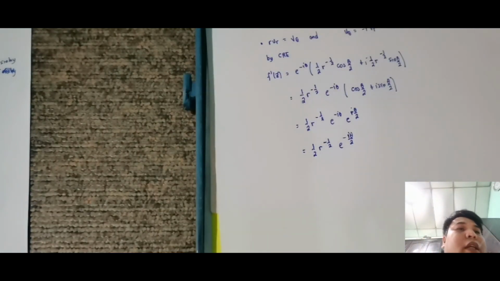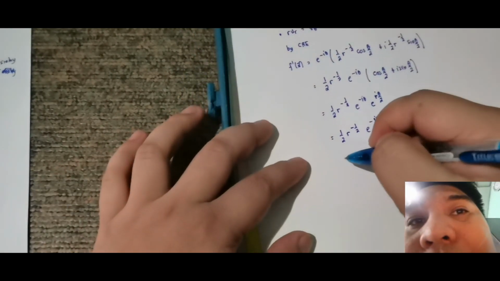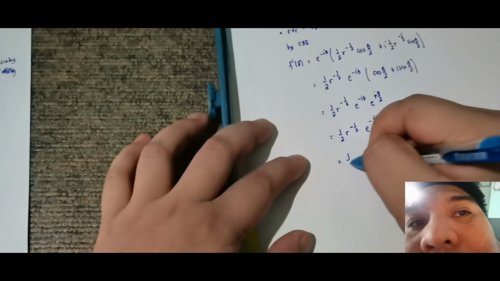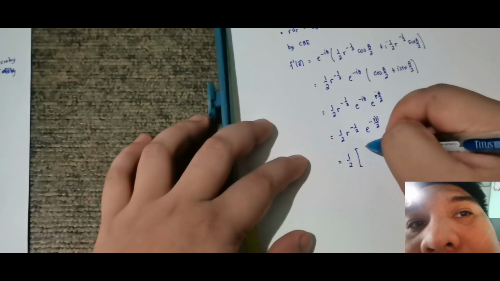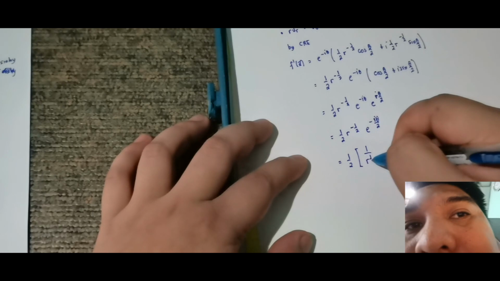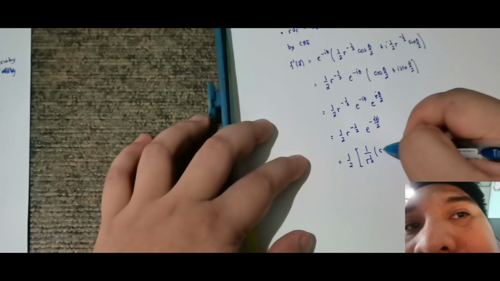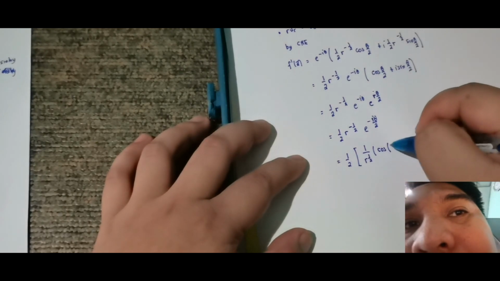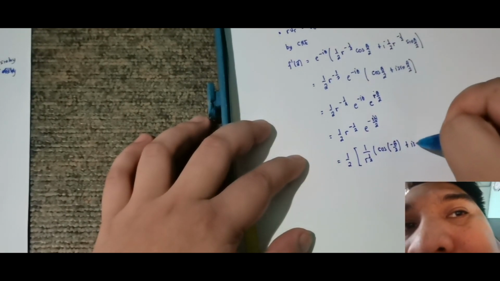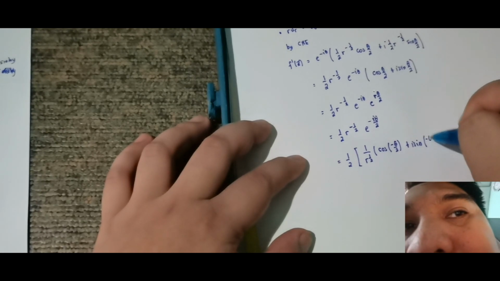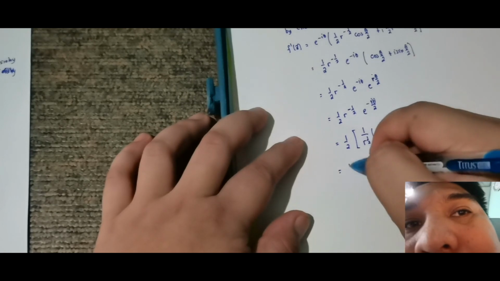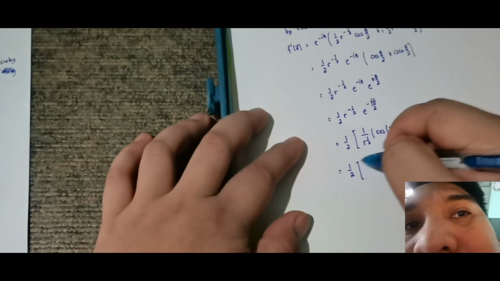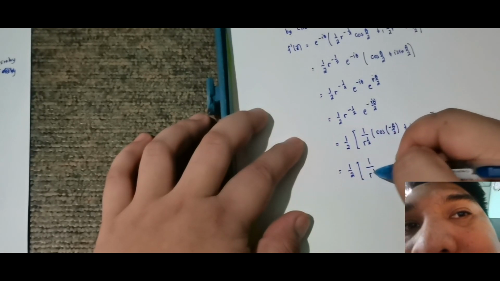Okay, so parang obvious pag binalik ko lang, lagay ko lang dito ha, ito yung 1/2, then ilalagay ko dito yung 1 over r raised to 1/2, then lagay ko dito si cosine. Anong cosine to? Cosine ng negative theta over 2 plus I sine ng negative theta over 2. Okay, then balik ko lang, this is 1/2, then this is 1 over r raised to 1 half.